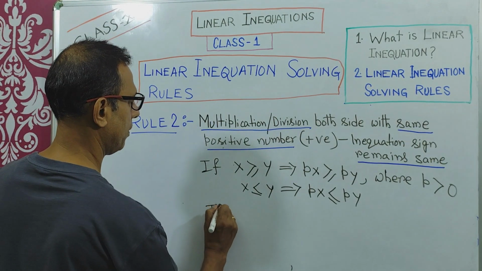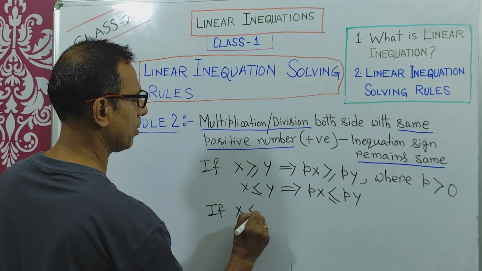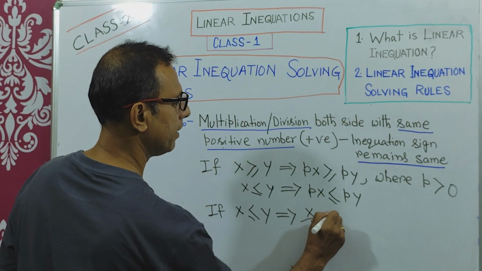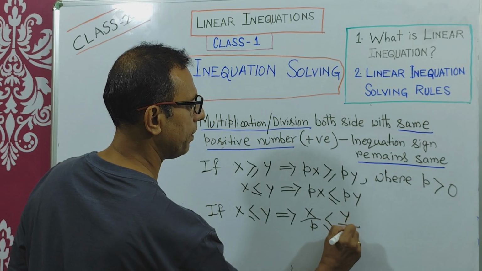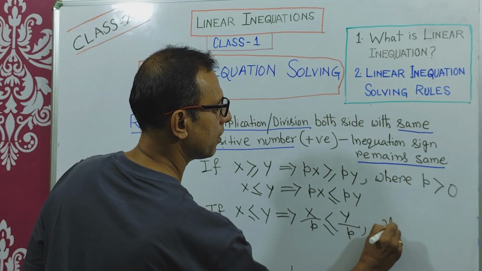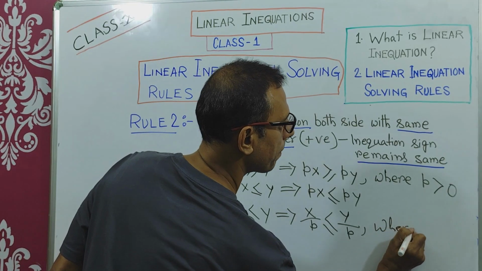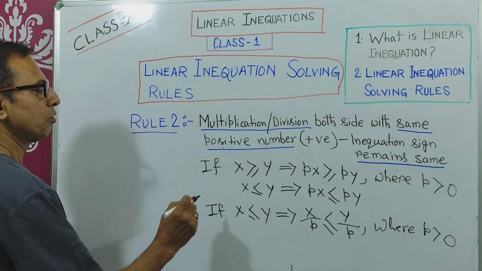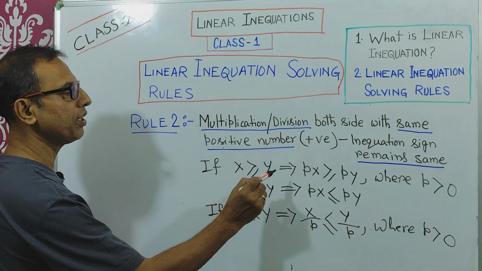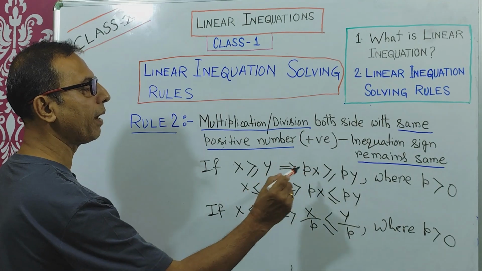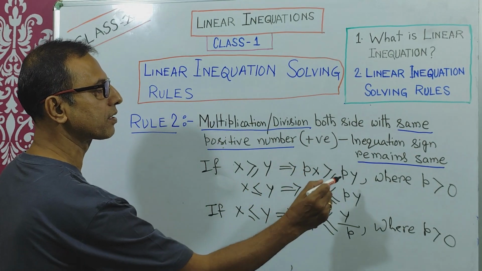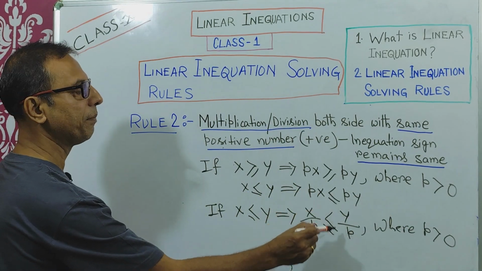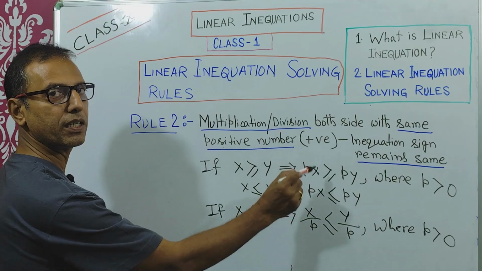If x is less than or equal to y, then x by p is less than or equal to y by p, where p is greater than 0. Right. So for any inequation, if you multiply or divide both sides by the same positive number p greater than 0, then the inequality sign remains the same. There is no change in the relationship in the inequation.